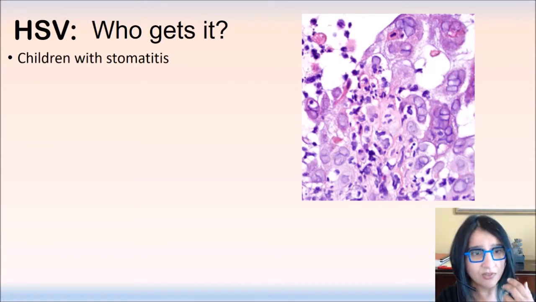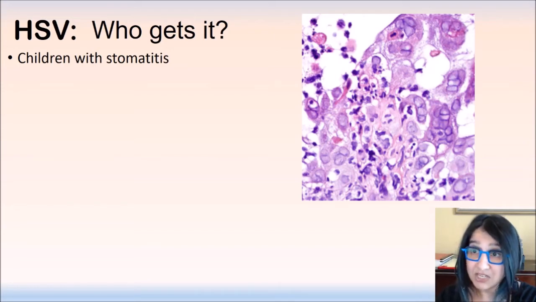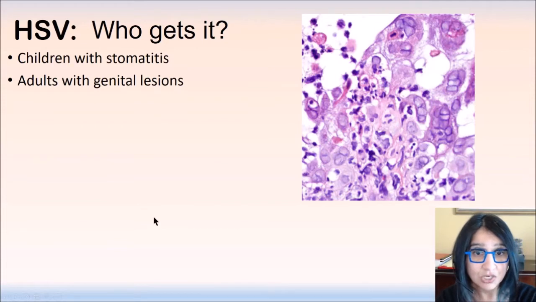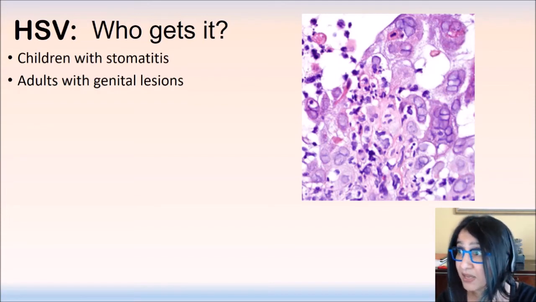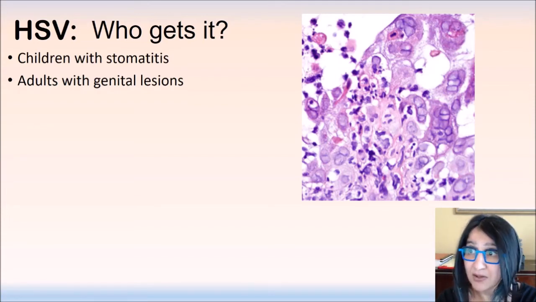They can get it on their oral mucosa and their gingiva, so it can be very painful. Now, of course, HSV2 can be associated with genital infection in adults, and that can be recurrent. In pregnant patients, it can be a concern if there's active viral infection at the time of delivery. Those infants can acquire it through passage through the birth canal.